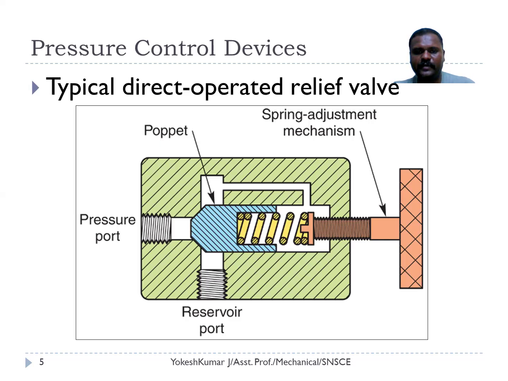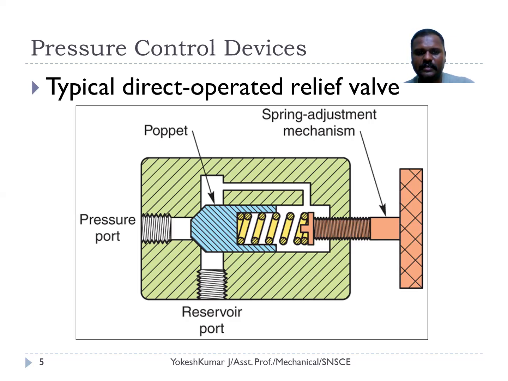It operates with very close dimensional tolerance between the valve body hole and the poppet. The poppet is subjected to spring pressure. The spring here is a heavy spring. The tension of the spring can be adjusted by the spring adjustment mechanism. By adjusting this knob, we can adjust the tension of the spring.